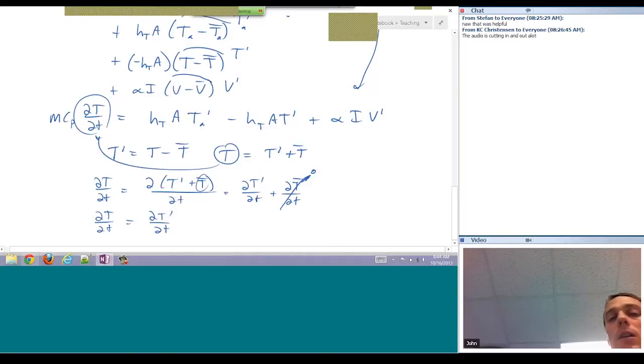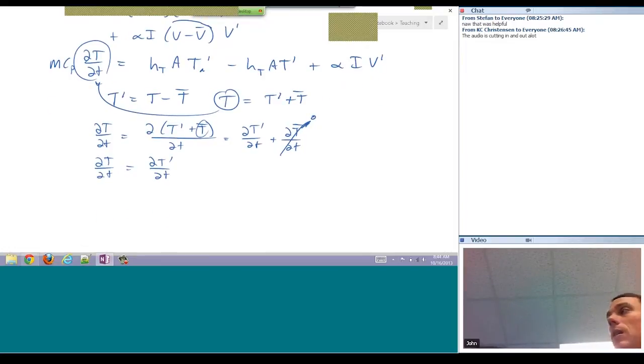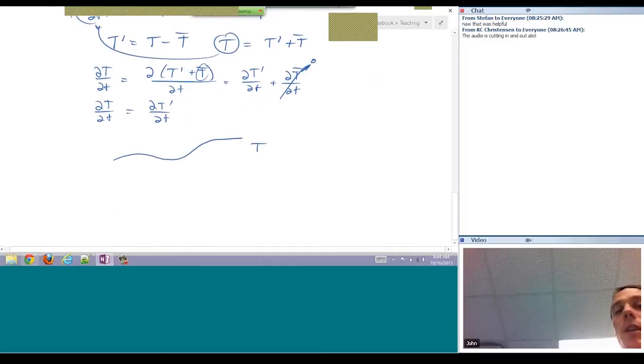But let's see if that makes sense, because let's say we have a temperature function. This is my temperature without subtracting the nominal steady state condition. Let's say this starts at 70 degrees Fahrenheit.